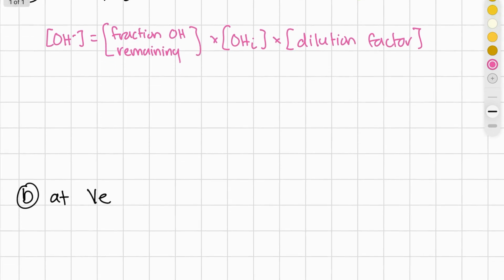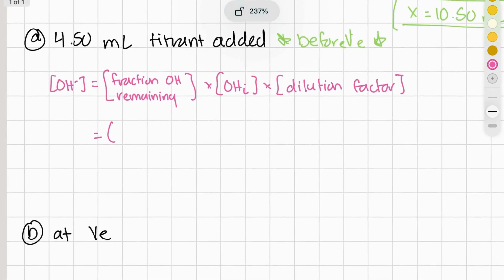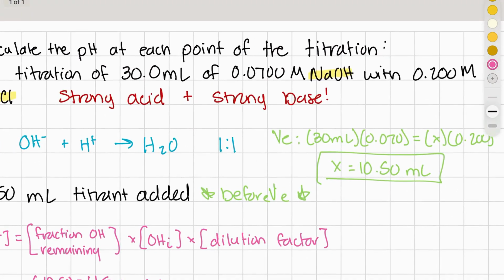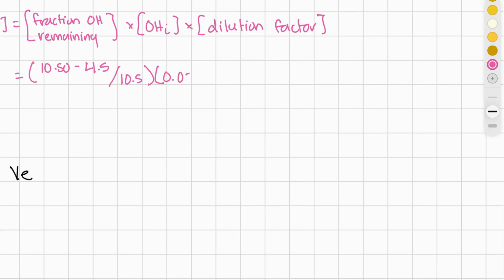Alright, so the fraction of OH remaining is the VE minus V added over VE. So in this case, what was VE again? 10.5. So 10.50 minus, we have added 4.5 milliliters, over VE, which again is 10.5. Our initial OH concentration, if we go back up here, is this 0.07.